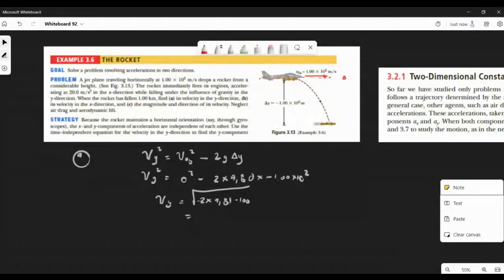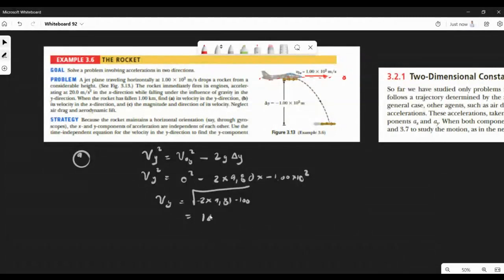So that's 1,000, not a... it's 140 meters per second. Do you all get this? 140 meters per second. Are you all happy with this?